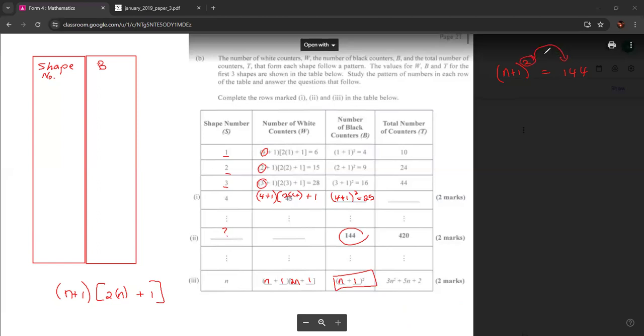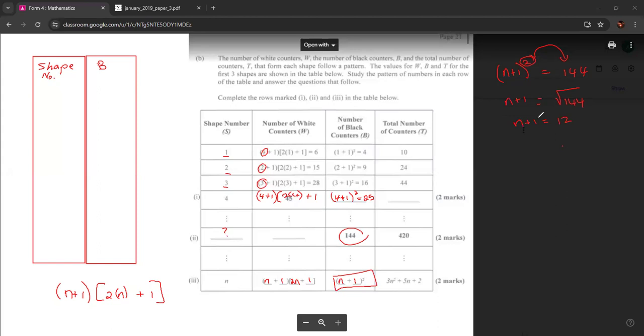So when it goes across, the opposite of square will be the square root. So we find the square root of 144. That is going to be 12. Then we're going to carry across the 1.